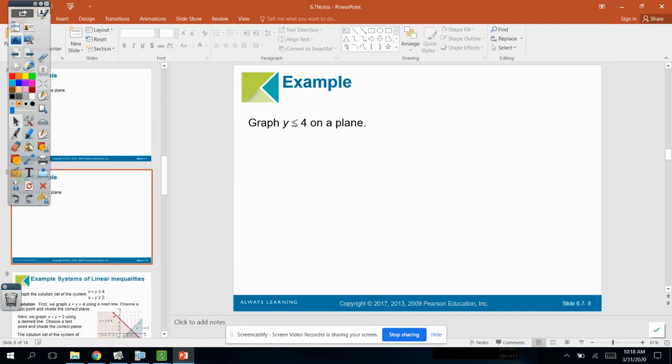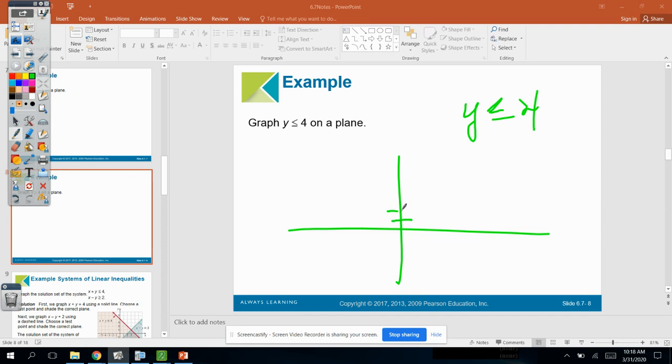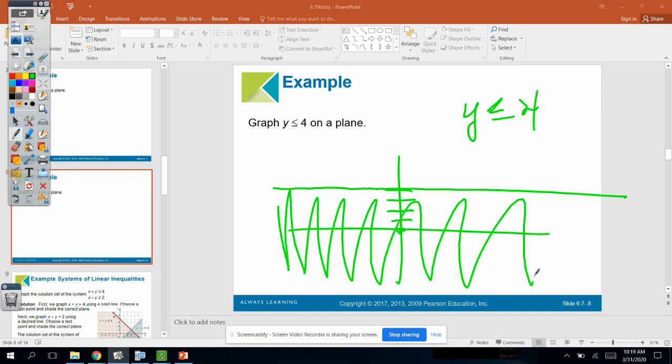And last one, y is less than or equal to 4. This time it will be a solid line because of the equal sign. Where does y equal 4? Right here, solid line. Is 0 less than 4? Yes. So we're going to shade down here.